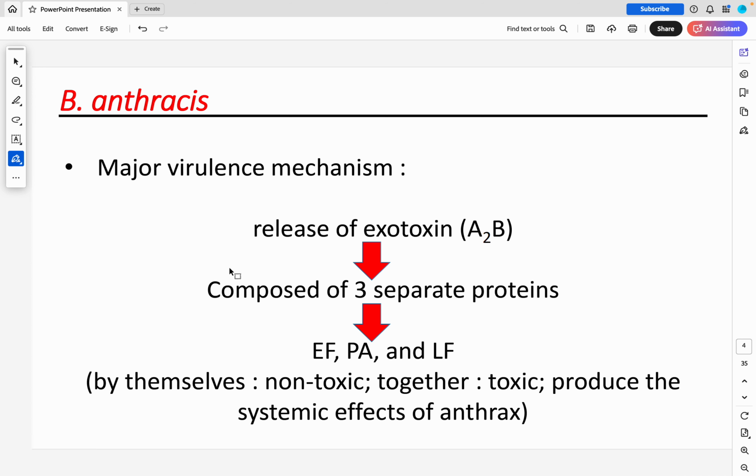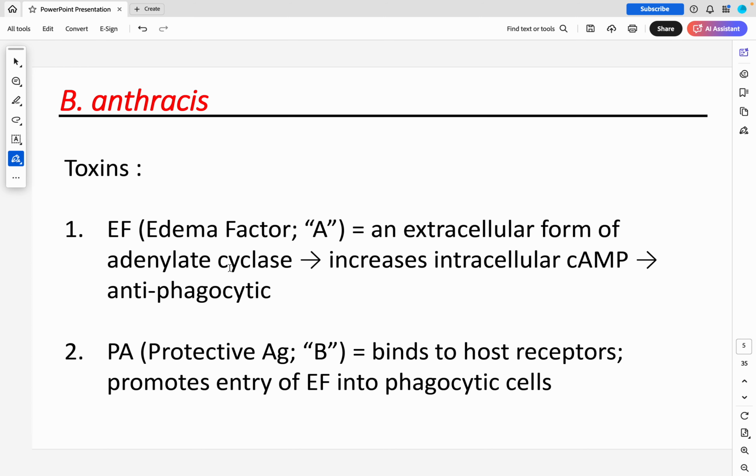So let's take a look at these three toxins produced by B. anthracis. First is the edema factor, EF, an extracellular adenylate cyclase, which allows the increase in intracellular cyclic AMP. This component of the toxin serves as an anti-phagocytic factor.